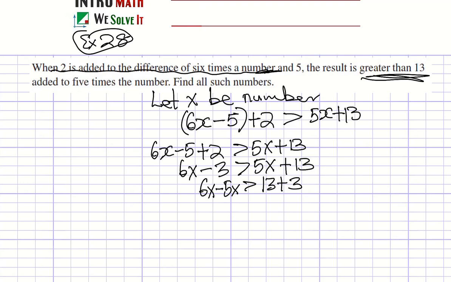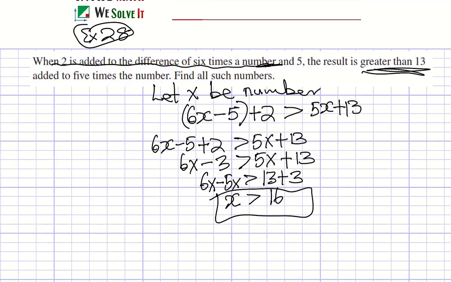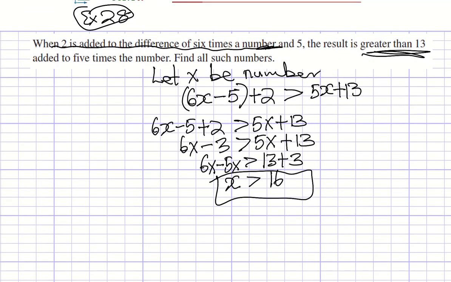So if you do that on the left and on the right and simplify, what do you get? You get x greater than 16. That's all. So they say find all such numbers, and of course any number greater than 16 will do. That's all that is saying. Any number greater than 16 will do the trick.